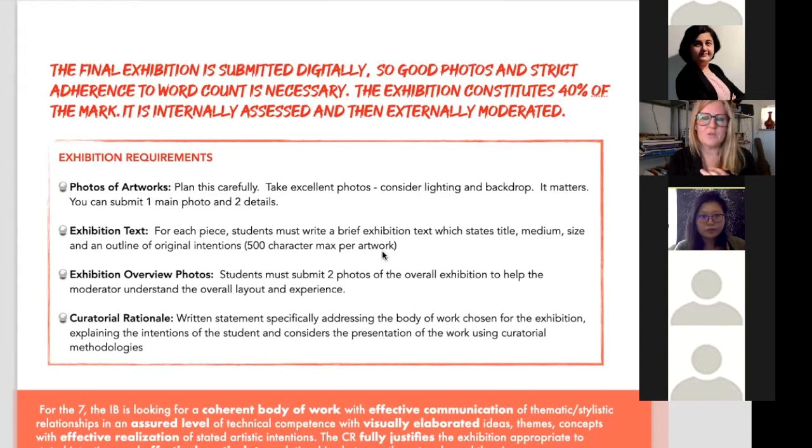I've had a lot of students in the past 2 years that create conceptual installations and conceptual sculptures that in person are epic, but they don't translate well to photography. And you have some students that create artworks that when you look at them are very small and not terribly interesting, but they translate very well to photography. This is a digitally submitted course right now, so I do keep that in mind.